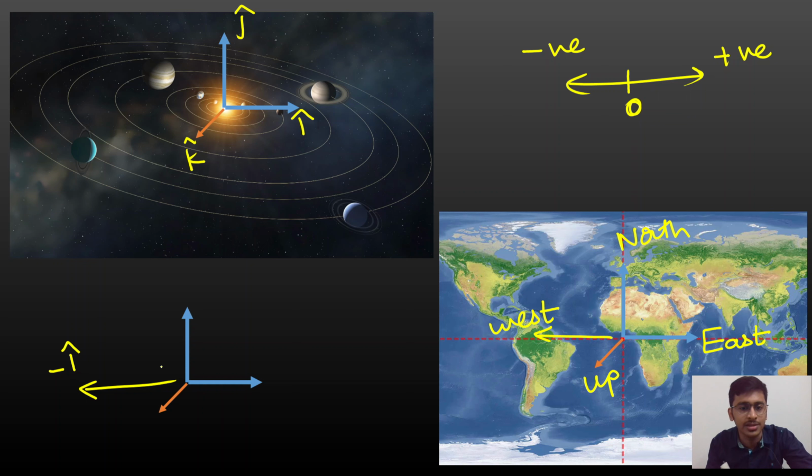So this is minus I cap, this is I cap, this is j cap. So south can be nothing but the minus j cap direction. And if this direction is up, let's say k cap, then down can be minus k cap.